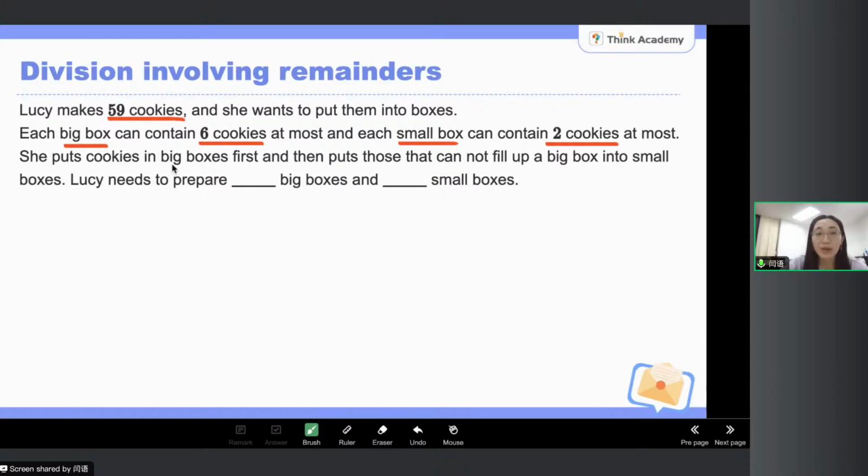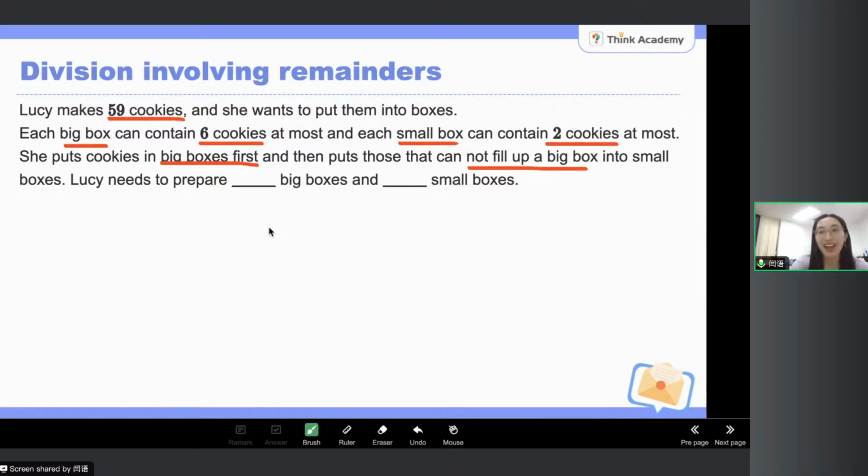She puts cookies in big boxes first, and then puts those that cannot fill up a big box into small boxes. So, how many big boxes and how many small boxes does Lucy need to prepare?